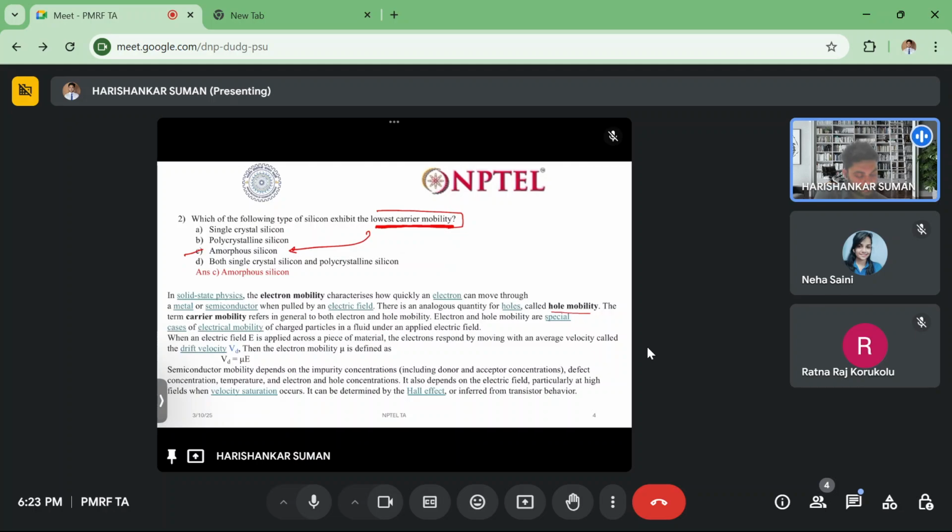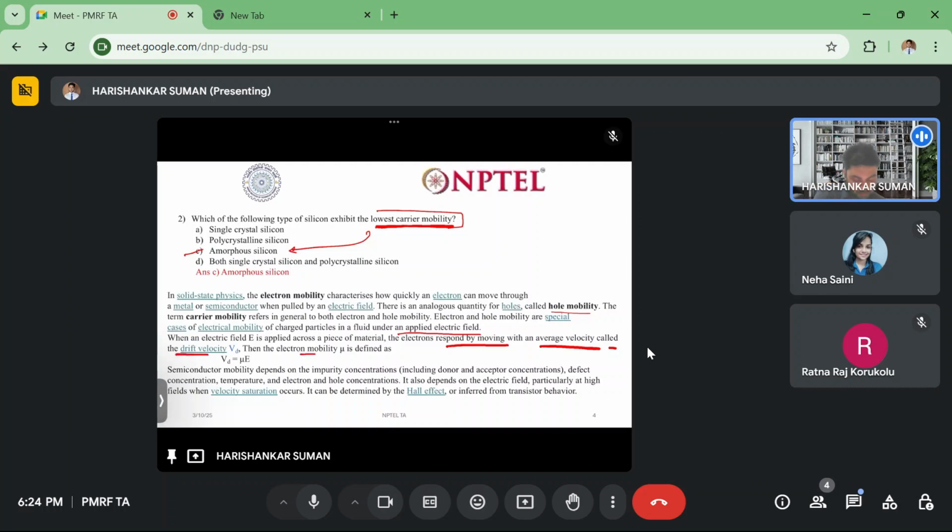Electron and hole mobility are a special case of electric mobility of charged particles in a fluid under an applied electric field. When the electric field E is applied across the two faces of a material, the electrons respond by moving with an average velocity called drift velocity Vd.